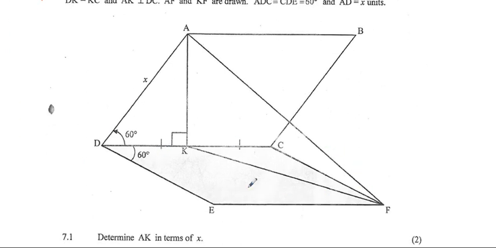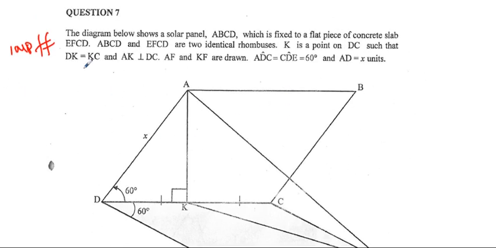I don't know if you can see this in your diagram, but when you see it on the original paper, you can see that EFCD is shaded. So that's lying on the horizontal plane, and this quadrilateral is inclined. Now, what we forgot to read is that they are both identical rhombuses. So now they're expecting us to remember all the properties of grade 10 geometry.